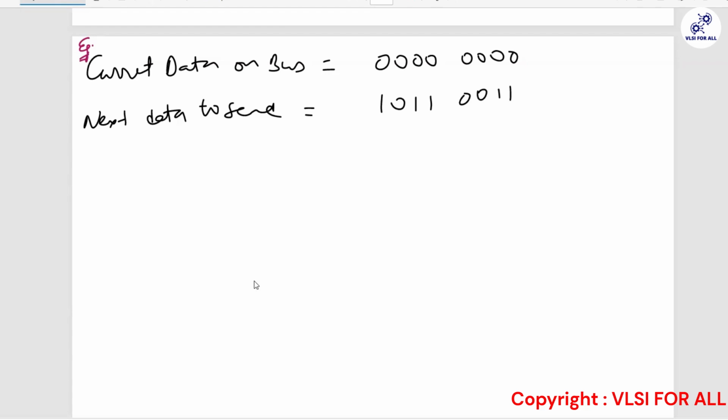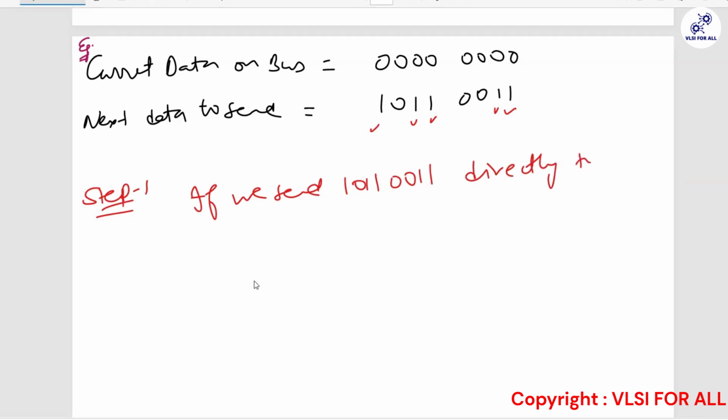So step 1: if we send 10110011 directly, then 5 transitions are there.